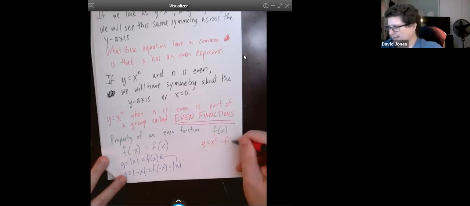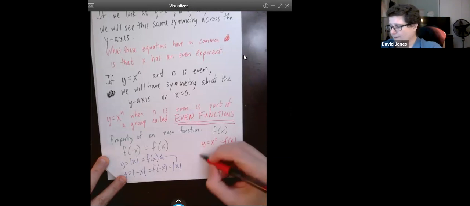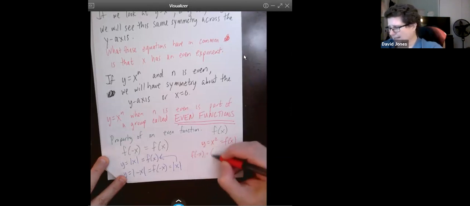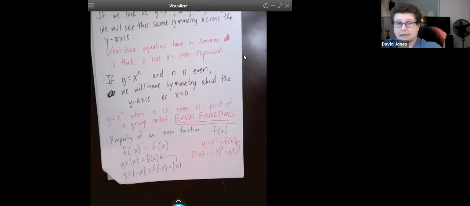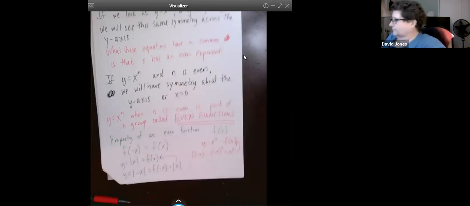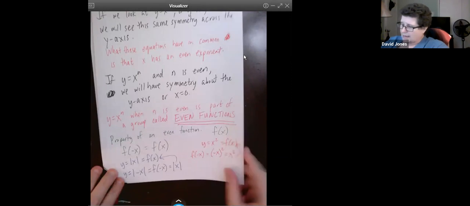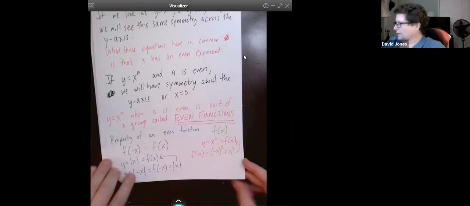That's my f of x. If I make this f of negative x, I replace x with negative x, and you need to do it in parentheses. But that's the same thing as x squared, which is also f of x. So these are the even functions, and even functions are symmetrical about the y-axis.